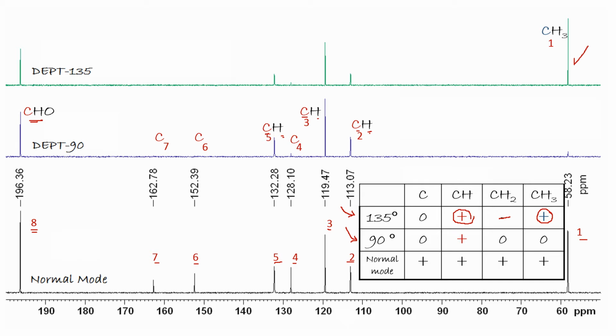So now we are sure that the first signal contains CH3, so it's CH3 plus 1 H. We will get to that when we get the HSQC.